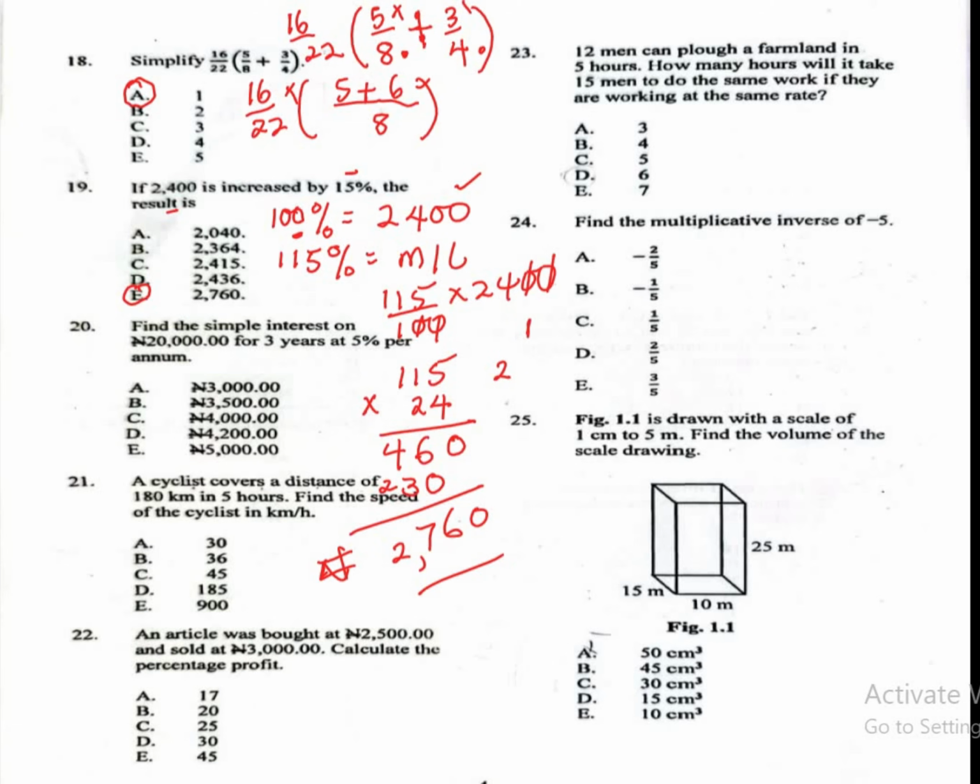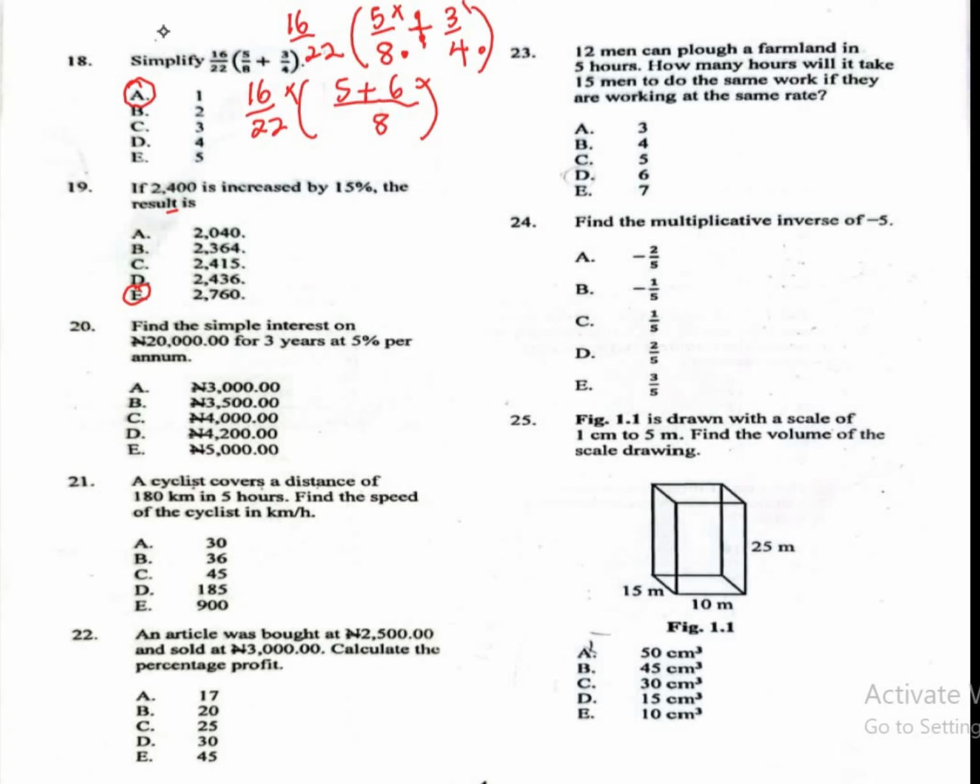All right, so let's take a look at question 20. Question number 20. Find the simple interest on 20,000 naira for 3 years at 5%.